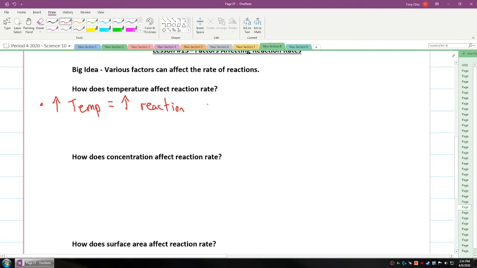Now, why does that occur? Likewise, if you talk about the opposite, if you decrease temperature, you will decrease reaction rate.